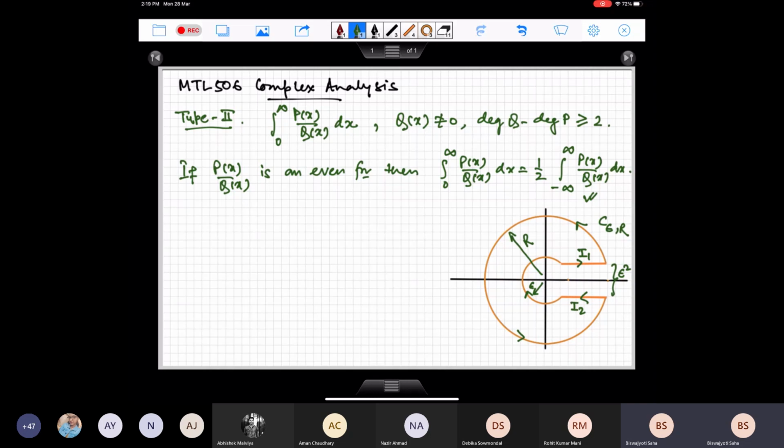Like I told you, I want to make a distinction between the integral on I1 and the integral on I2. So what I would like to do here is integrate over C epsilon R, p(z) upon q(z) dz. So I want to integrate this particular function. Okay.